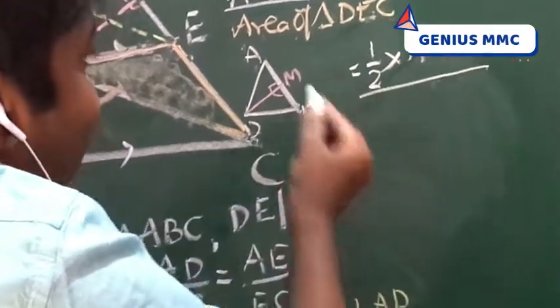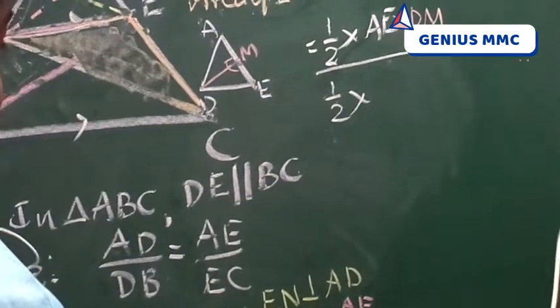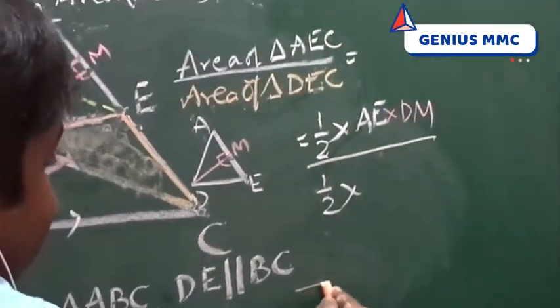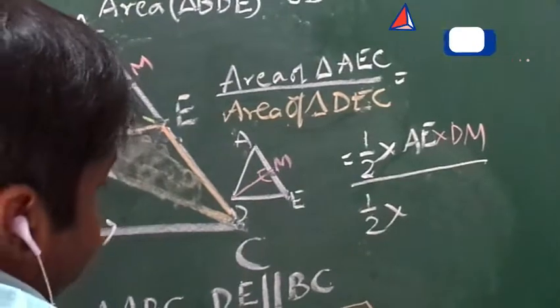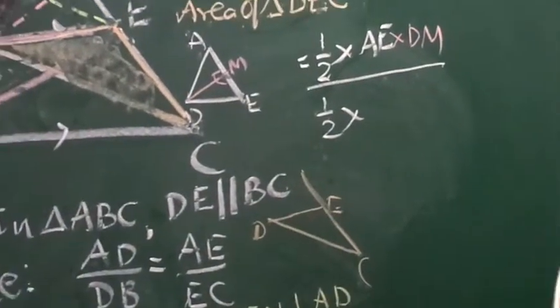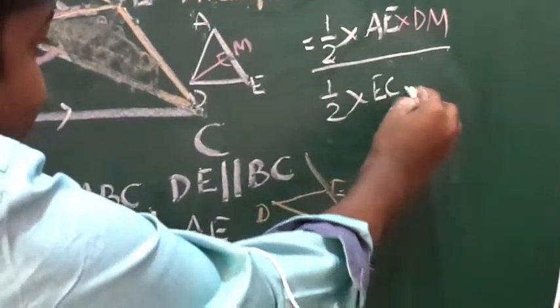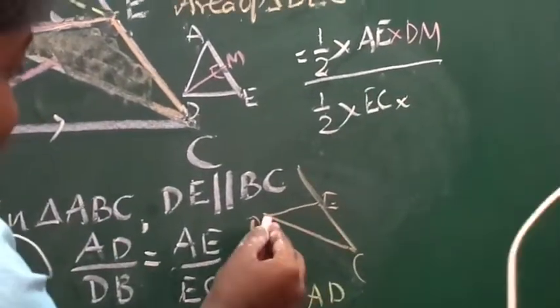That divided by, for DEC, the orange color triangle, DEC. Base is EC, but which is the height? Same.